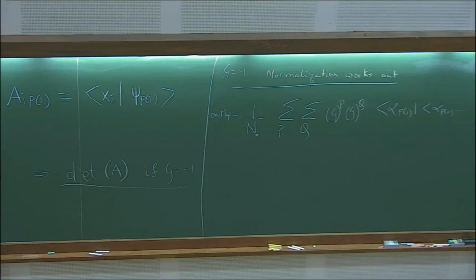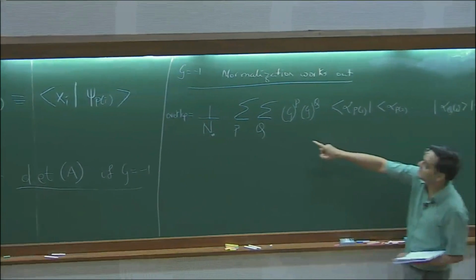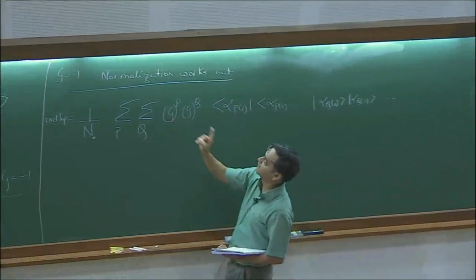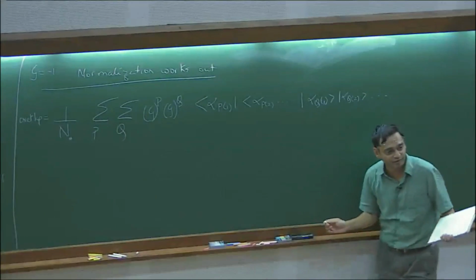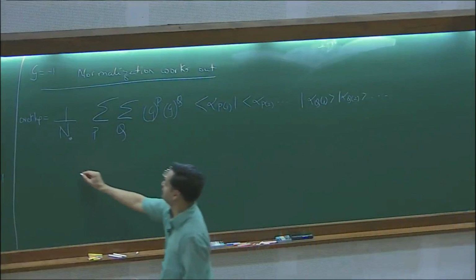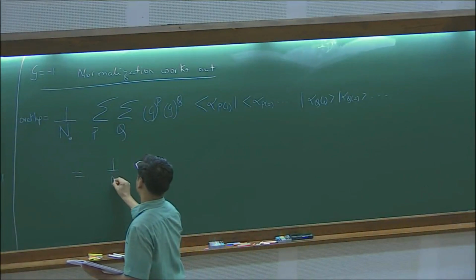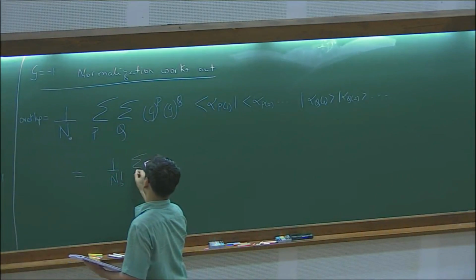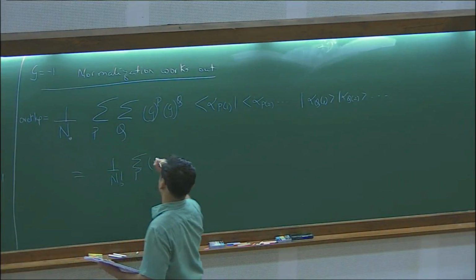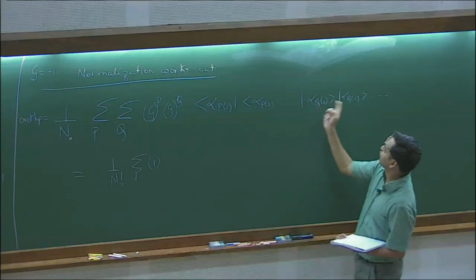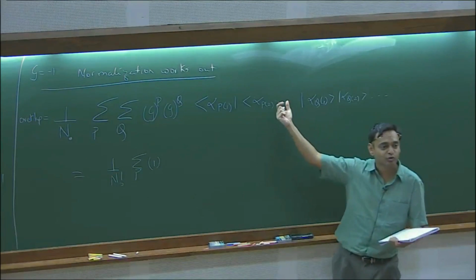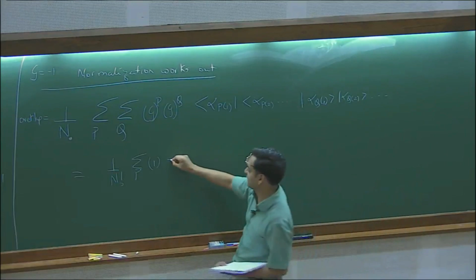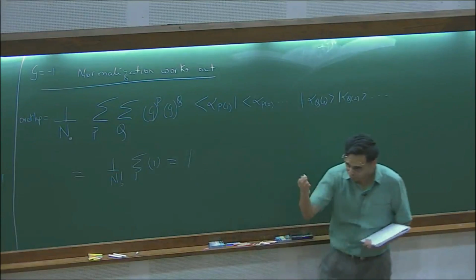The only way this overlap will be non-zero is if these two permutations are exactly the same. If they are exactly the same, I'll get two factors of -1 or two factors of +1, so the sign will go away. And I'll just be left with a free sum, because these are orthonormal, each particular individual overlap is 1. So the n factorial cancels, I get 1. So you're right for fermions.